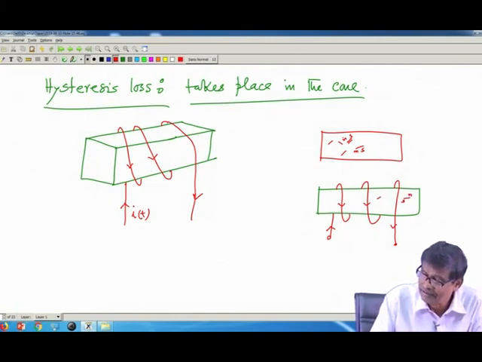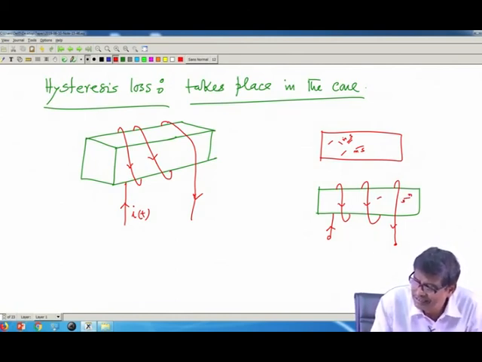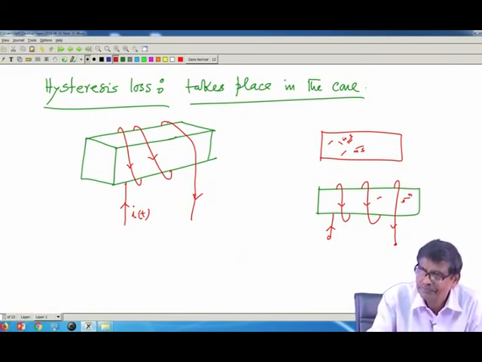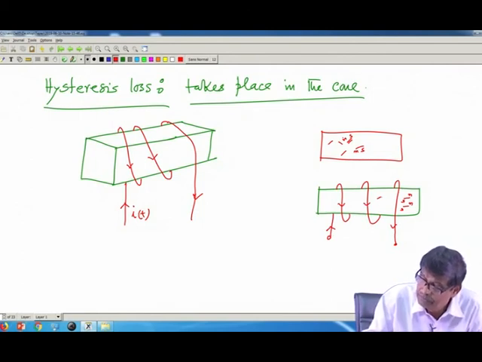If you pass a little current, they will slightly move, and pass more current, they will be further aligned, as we also study at school level.